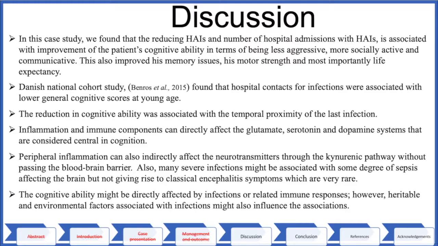It's just that the sepsis has an effect on the brain too. So cognitive ability can be directly affected by infections or related immune responses. However, environmental factors and certain genetic factors also play an important role in influencing these associations.